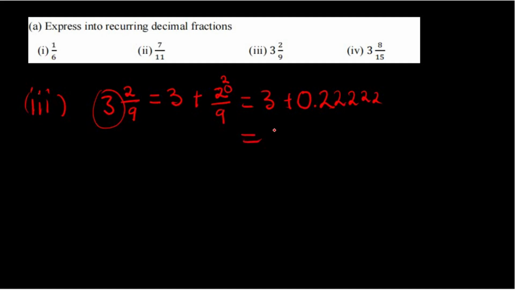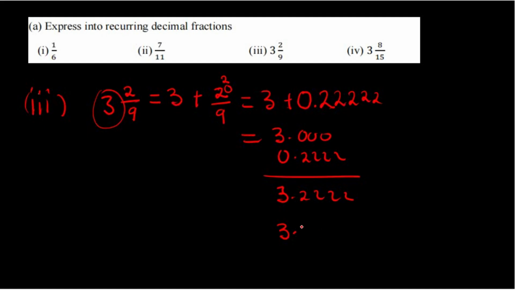So let's add: it will be 3 plus 0.2222, meaning your answer is 3.2222. The number that is repeating is 2, so you put a bar on 2, just like that. That's how you answer that one.